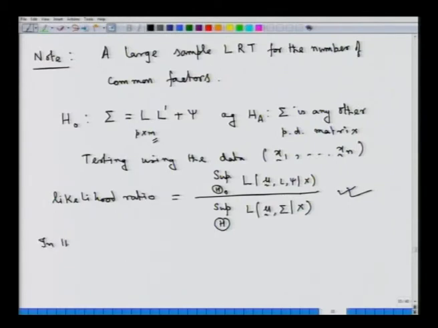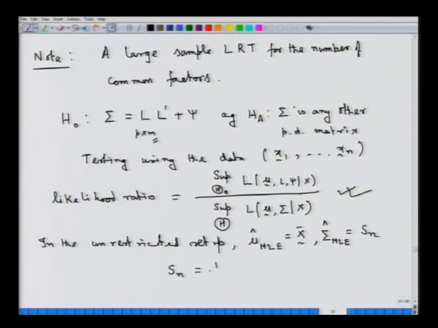Now, in the unrestricted setup, mu hat, the maximum likelihood estimator, is going to be given by x bar, that we have already seen time and again, and this sigma hat MLE is going to be Sn, where Sn is nothing but 1 upon n summation of xj minus x bar into xj minus x bar transpose, j equal to 1 up to n. So, that is the maximum likelihood estimators in the unrestricted setup.